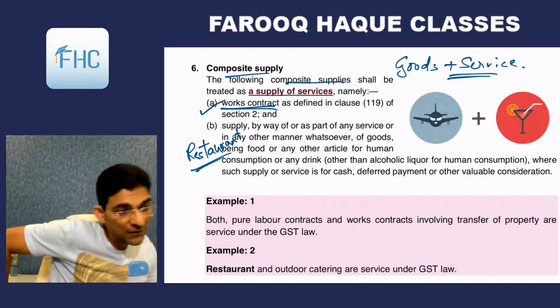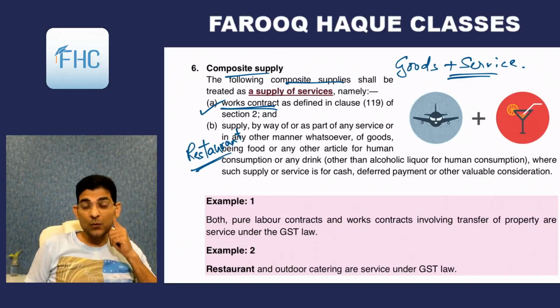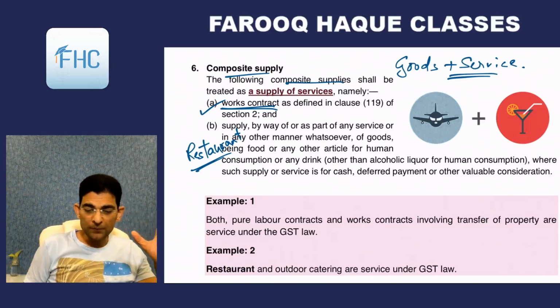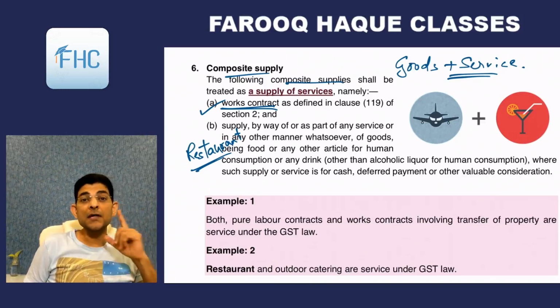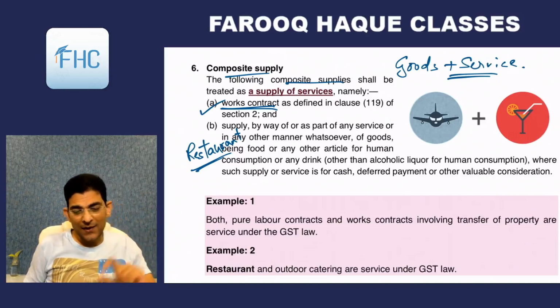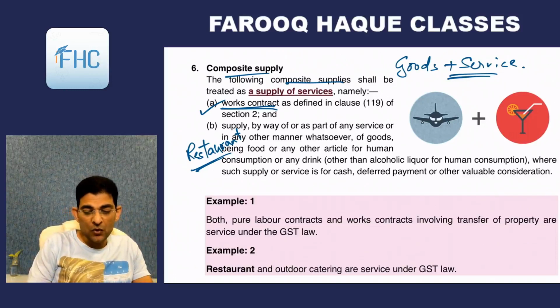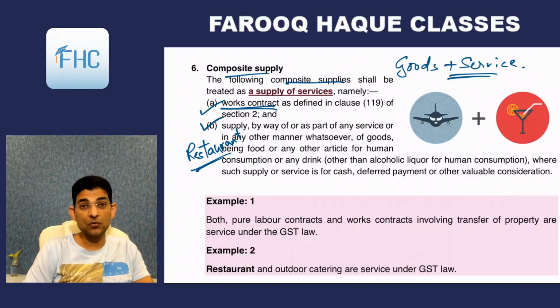Still, do we have to divide the values? What is the value of ingredients and what is the value of service? No. The complete thing, full 300 rupees, will be considered as supply of service only, no goods. So in work contract and in restaurant service, nothing will be considered as goods.